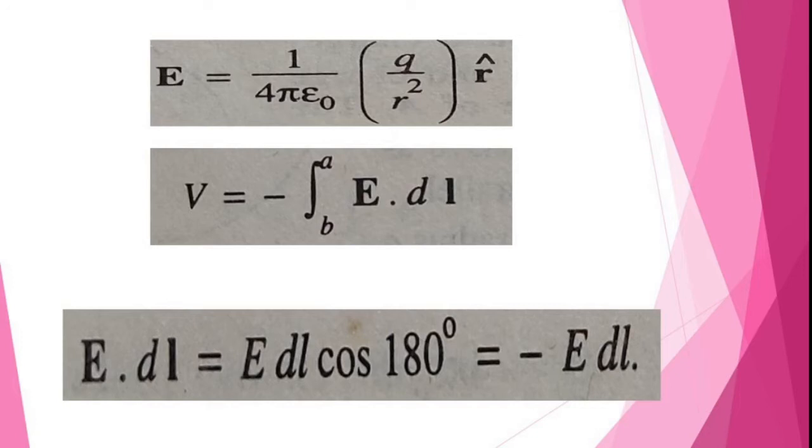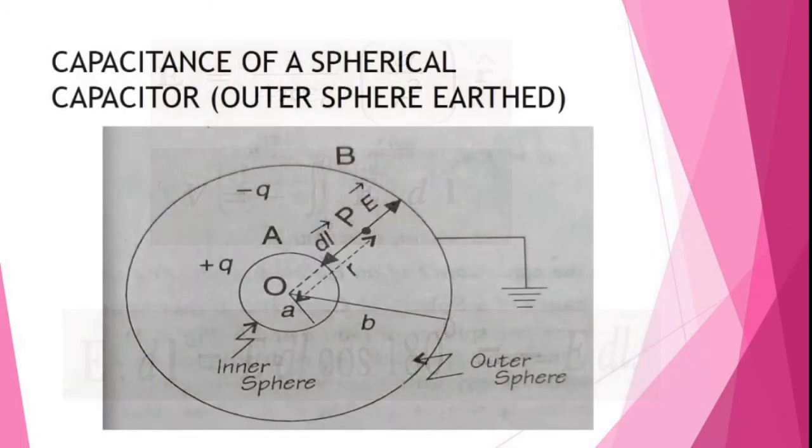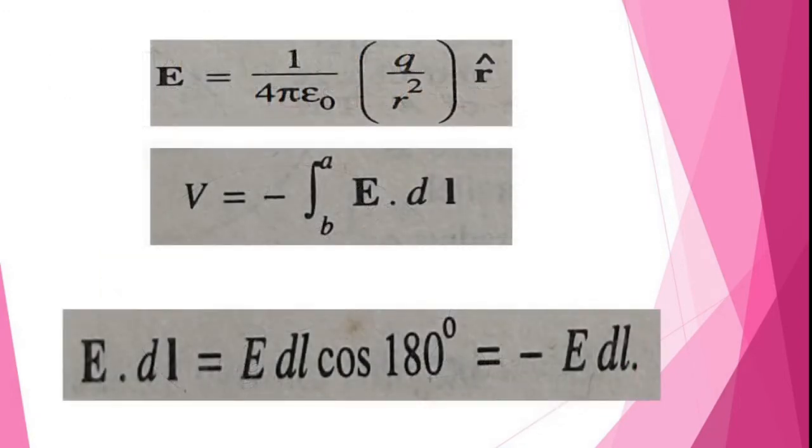So dl is having direction from B to A and E is having direction radially outwards. So E and dl are in opposite directions. So E dot dl is E dl cos 180, which is equal to minus E dl itself.